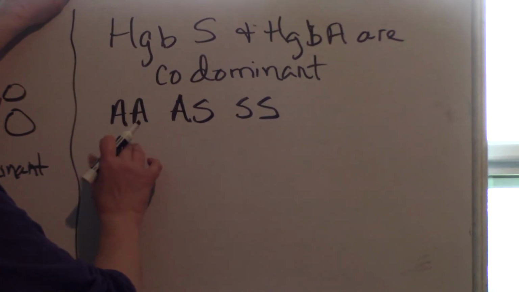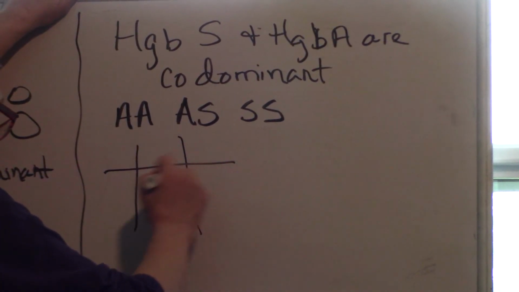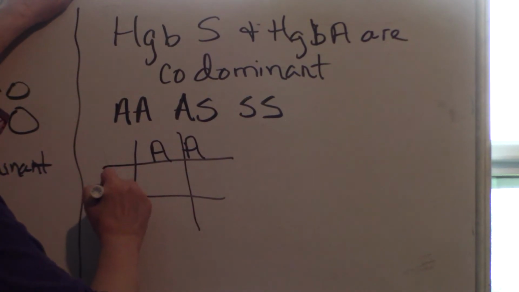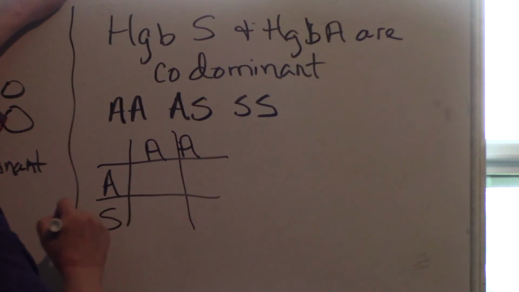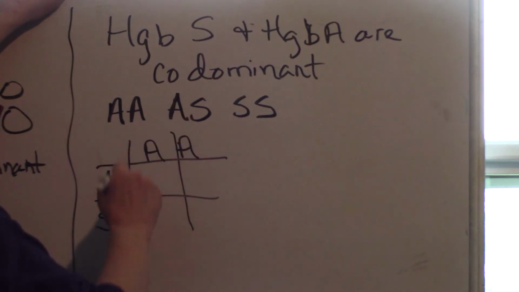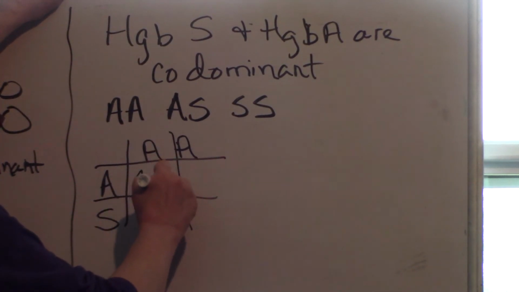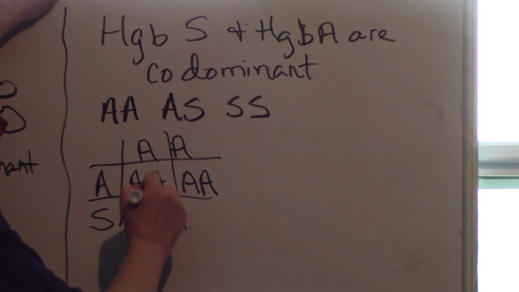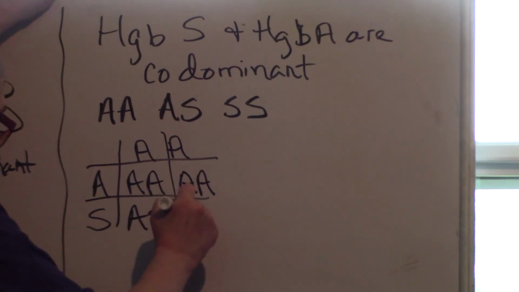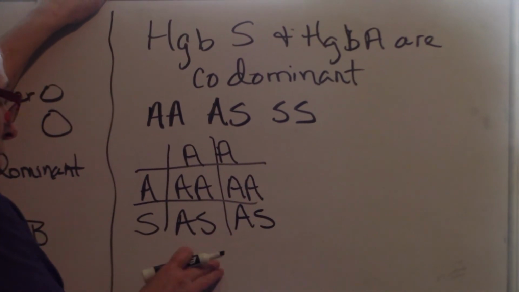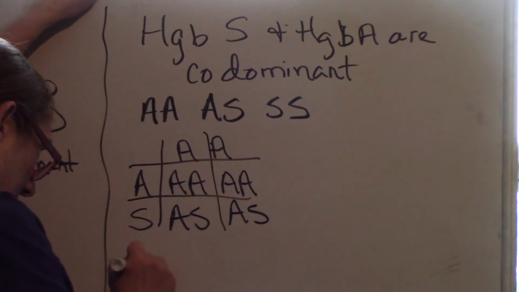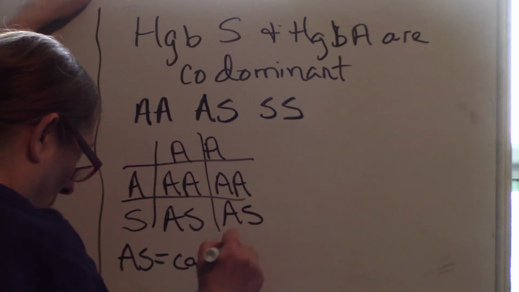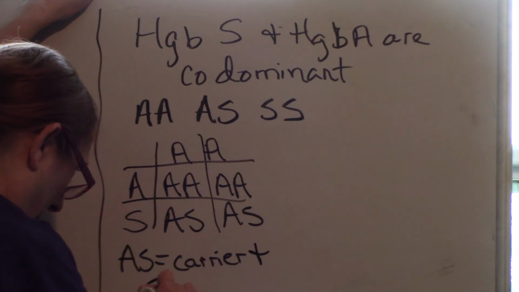So if we take someone who just has hemoglobin A, and they're going to have a kid with someone who is heterozygous and has both A and S, there's a 50% chance that the child will just have hemoglobin A, and a 50% chance that they will be AS. AS is a carrier, but they also have sickle cell trait.